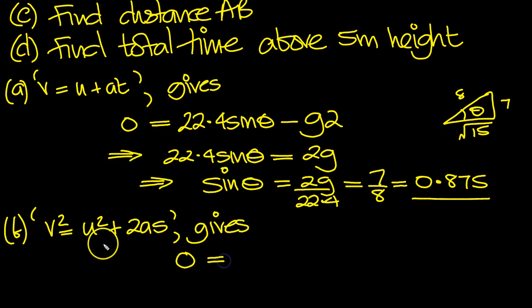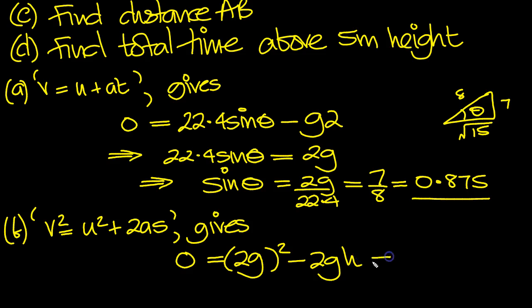The initial velocity vertically is 22.4 sine theta, but that's equal to 2g, so we can just write 2g here instead. So that would be 2g squared plus 2as, where a is minus g, so it's minus 2g times h. So that tells us what the height is.